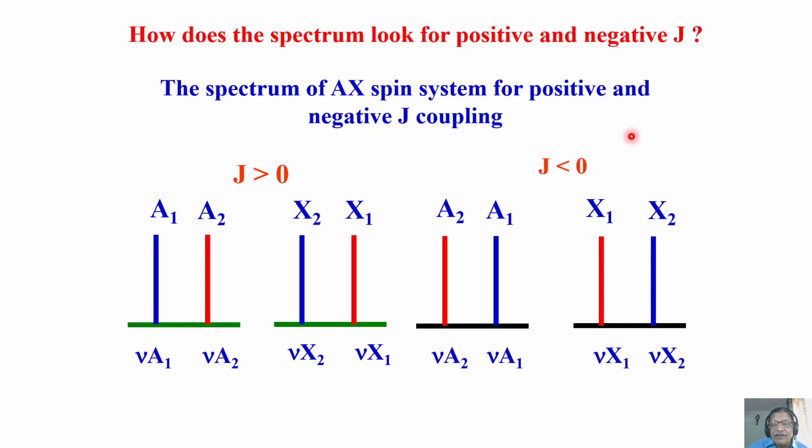Now for J less than 0, you see A2 has come here, A1 has moved here, X1 has come here, and X2 has moved here. So A1 and A2 got interchanged and X1 and X2 got interchanged.